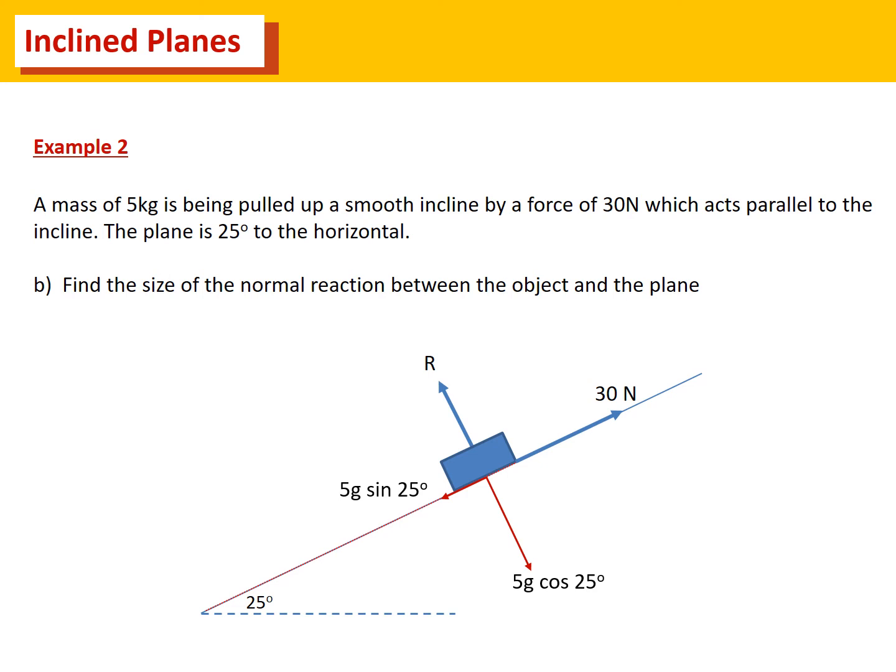We can therefore see that working perpendicular to the plane and removing the two parallel forces for the time being, the object is not accelerating away from the plane, nor is it accelerating into the plane, so R must equal 5g cos 25, and that's 44.4 newtons.